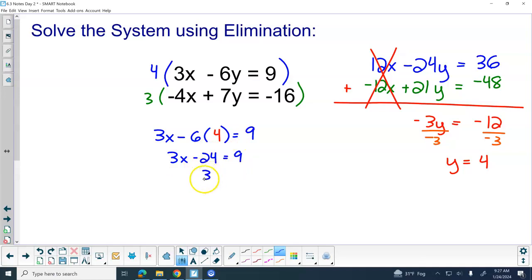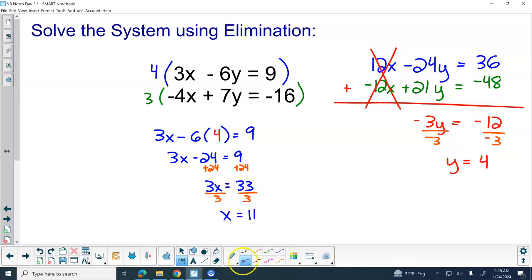Adding 24, x is 33, dividing by 3, x is 11.